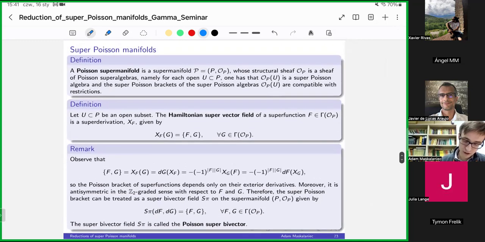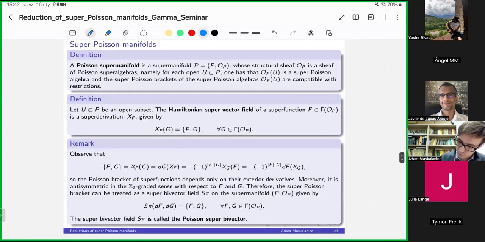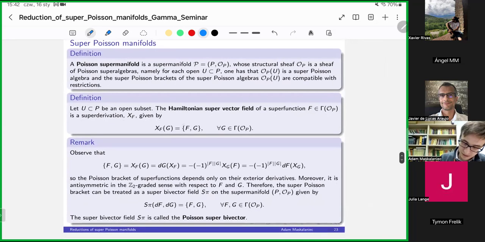So if we define Poisson supermanifolds to be supermanifolds whose sections are Poisson algebras, then we immediately observe that for each superfunction f we may define a super derivation X_f that is exactly taking the Poisson bracket with f, and by its definition it is a super vector field on a supermanifold.